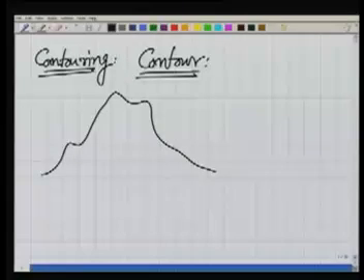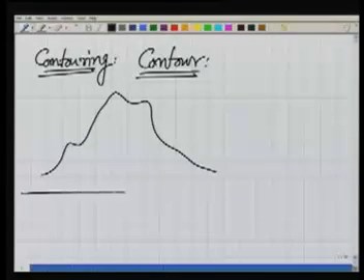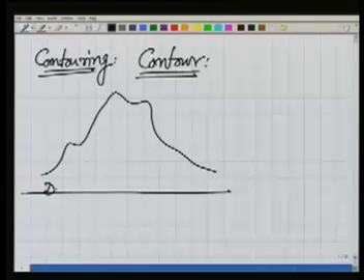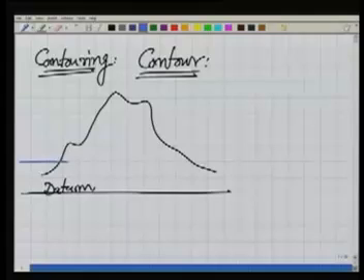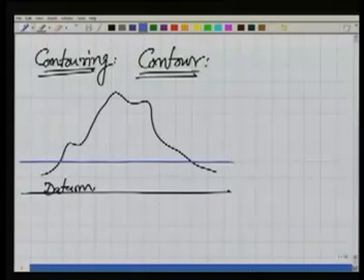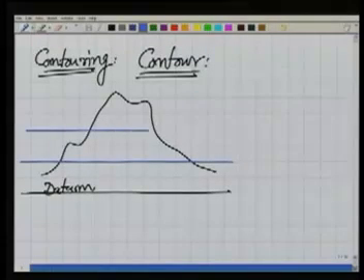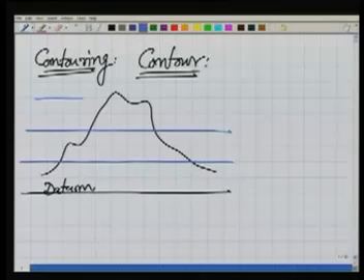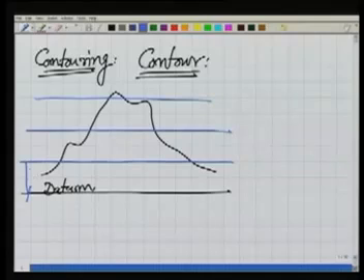For this hill, if this is the datum, datum means from where we are measuring the elevations, now I intersect this hill by surfaces which are parallel to the datum. Let us say the elevations of these surfaces are 10 meter, 20 meter and 30 meter.